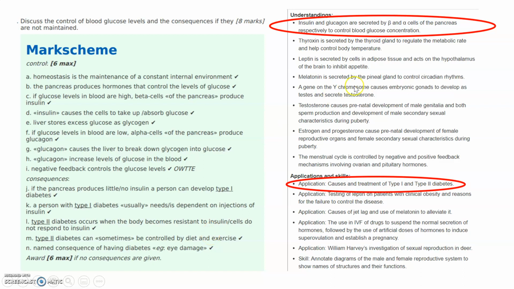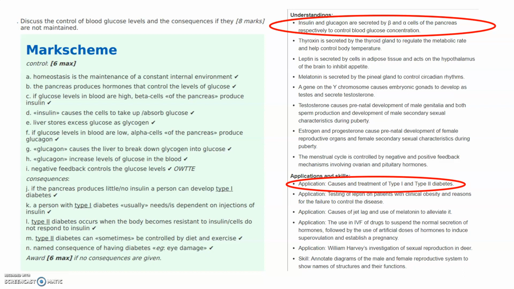Yeah, and here you can see, like I said before, this is an example of how the guide is not always precise enough for us to figure out what IB wants, because what it says here is that insulin and glucagon are secreted by beta and alpha cells of the pancreas respectively to control blood glucose concentration. Behind this sentence is the fact that you should know where insulin is produced, where glucagon is produced, and the role that both of them play in regulation.